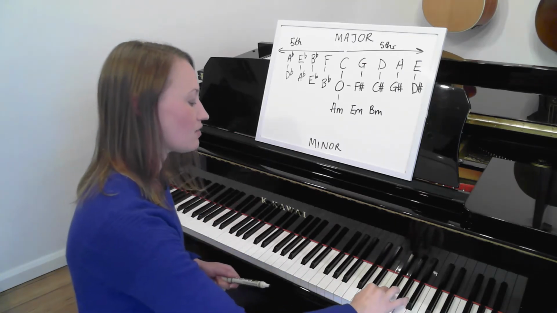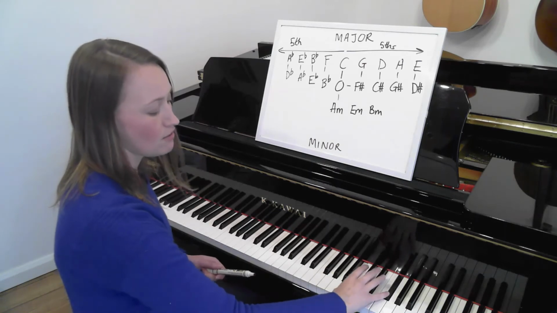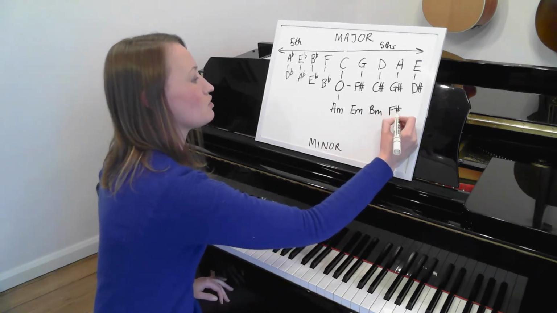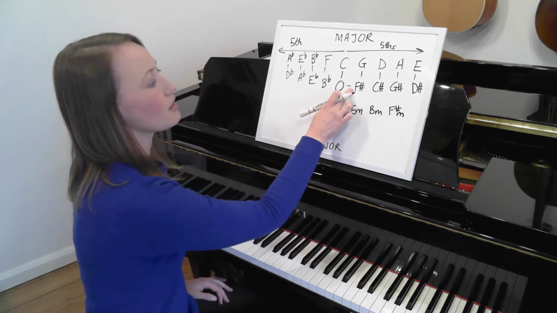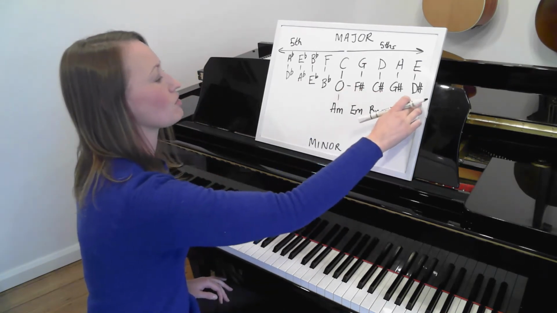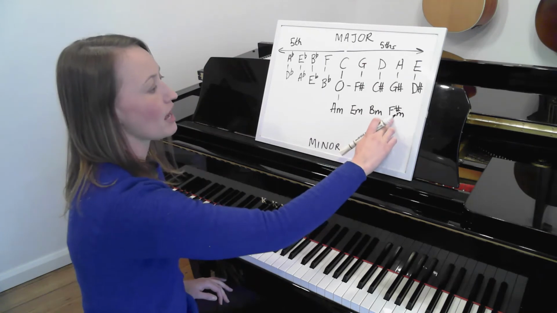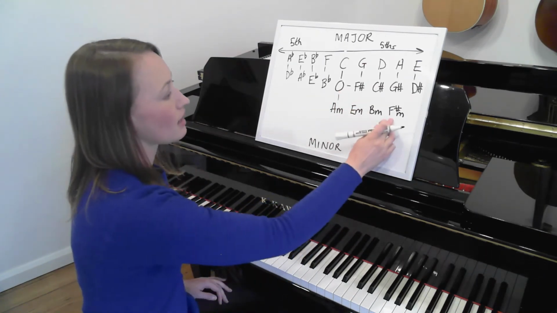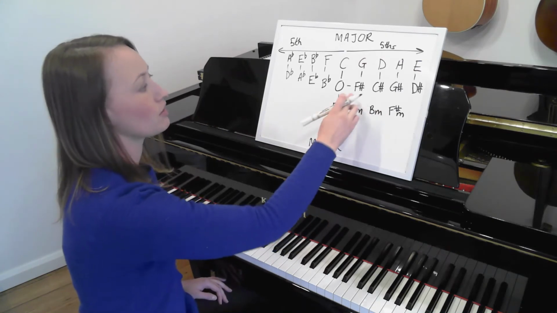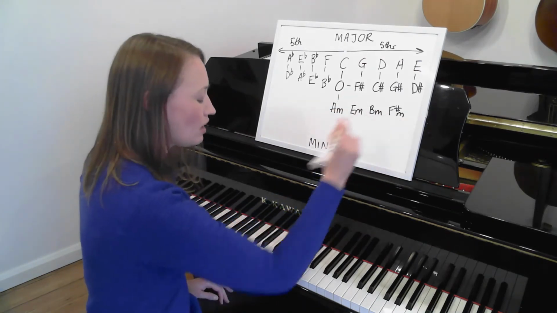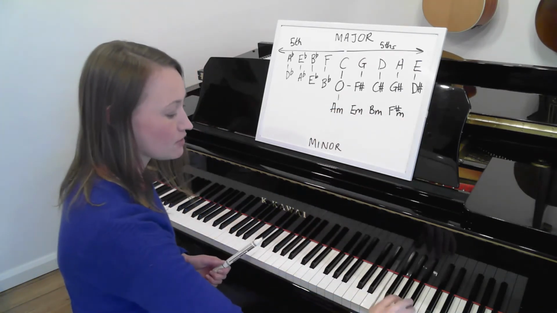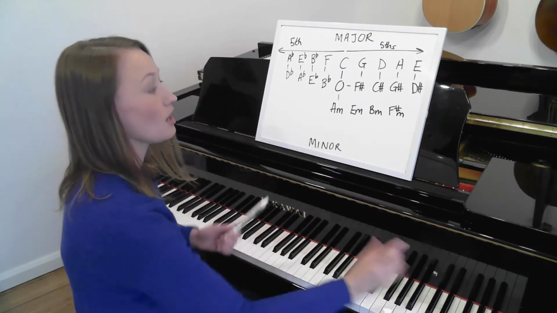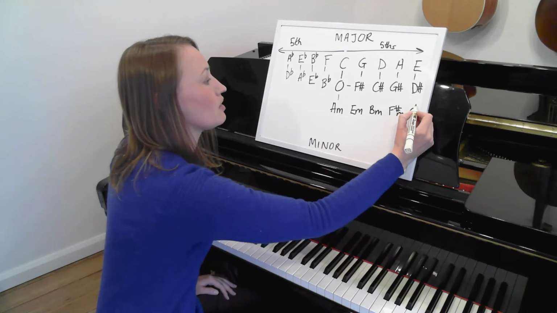We need it to be 7. B to F sharp, that's a perfect fifth. And that makes sense too, because we can see back here there's an F sharp already in our order of sharps. So if I was going to do an F scale but put F sharp in it, that doesn't make sense. It has to be an F sharp scale if it's going to have an F sharp in it. And then we go up another fifth, F, C, or if we were on the sharps, F sharp, C sharp, it will be C sharp minor.